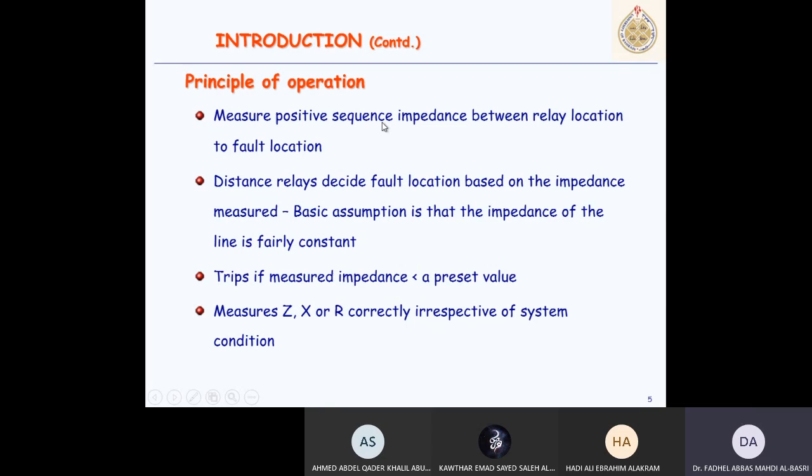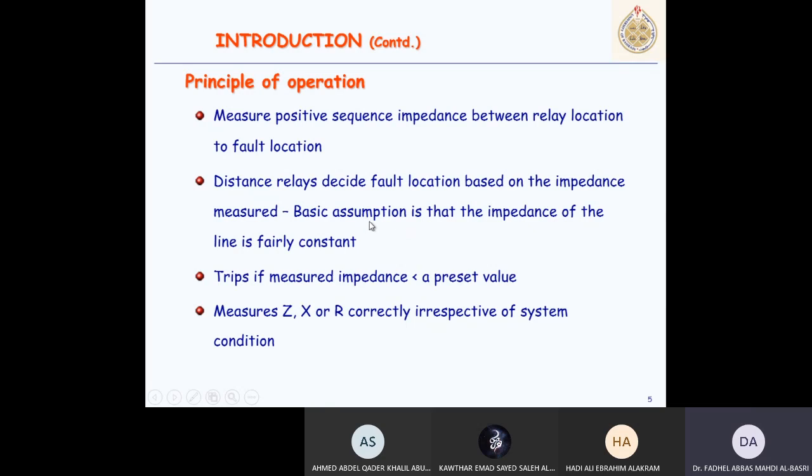If the measured positive sequence impedance is greater than the line impedance or a setting, then the fault is declared outside. If it is less, the fault is declared inside the line, and the relay takes an action.